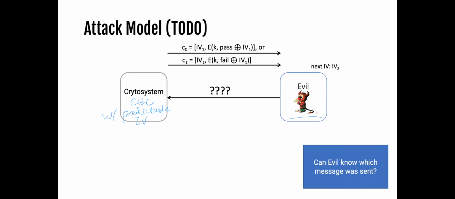Suppose that the crypto system first sends one of two messages. Again, this message contains both the initial vector and the encrypted ciphertext. Maybe this crypto system decides whether or not someone passes an exam.